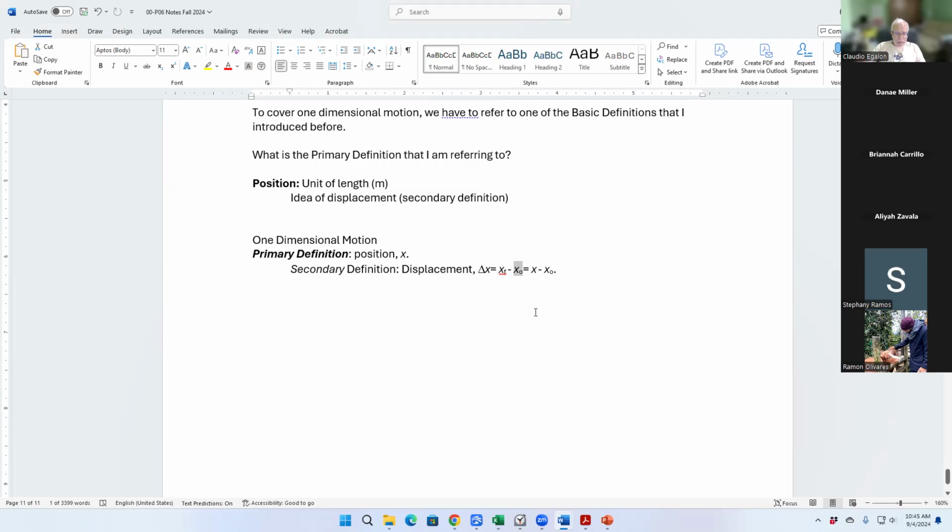We usually like to simplify our notation. So everything that has a subscript f, which denotes final, we remove it. Okay? So we can write it this way here.